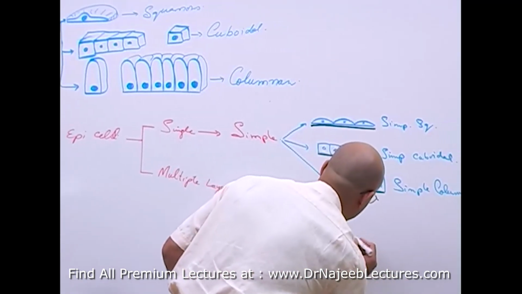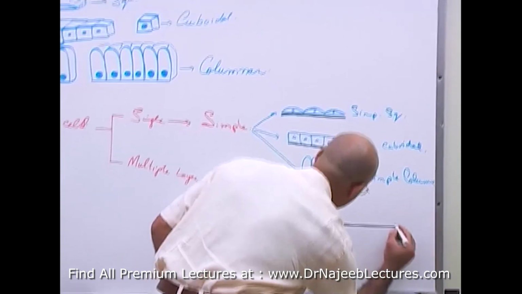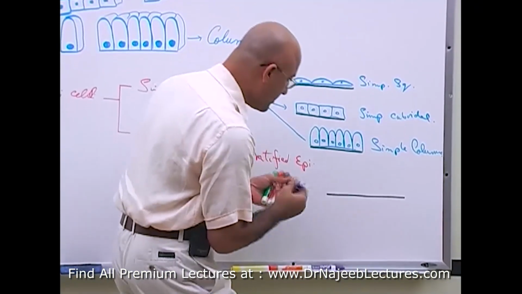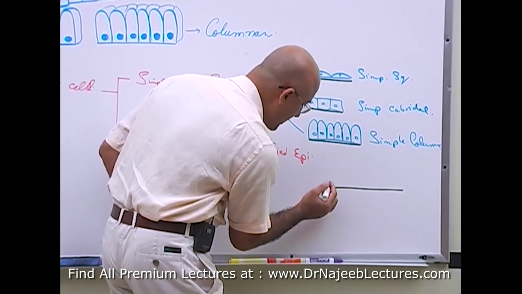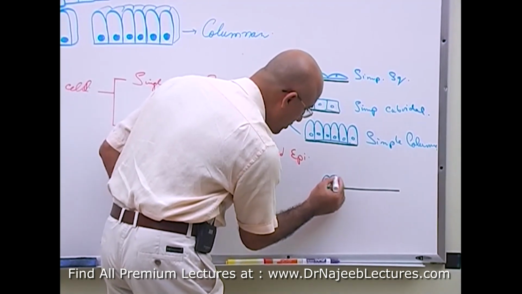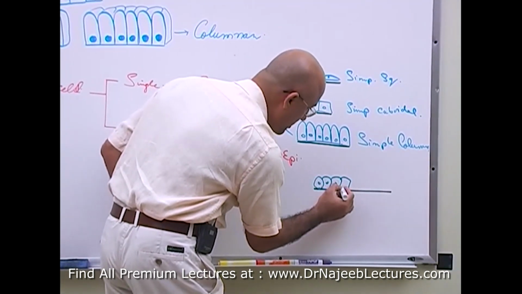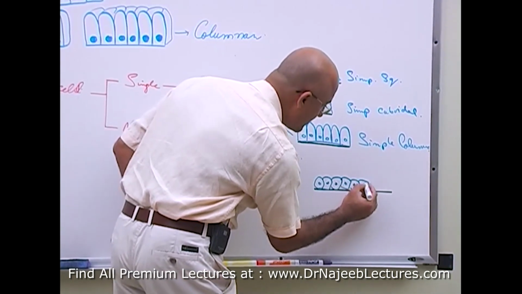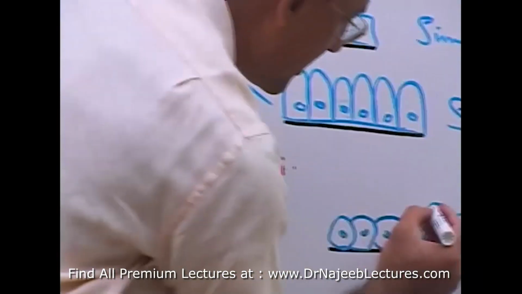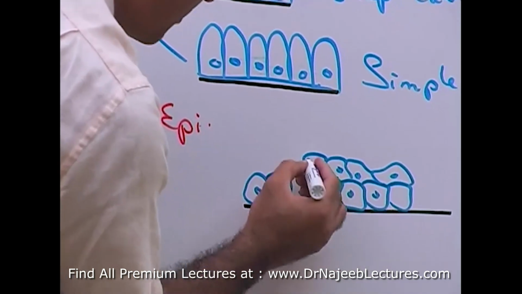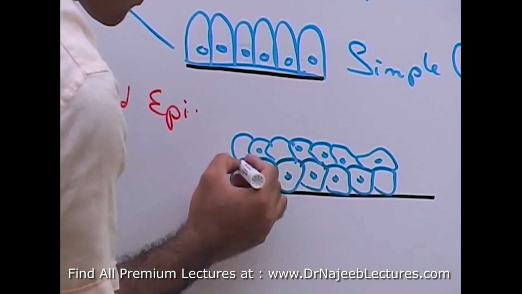For example, there is a basement membrane here, and this is multi-layer epithelium, and let's suppose these are different cells over here, and cells may slightly vary in shape from layer to layer.